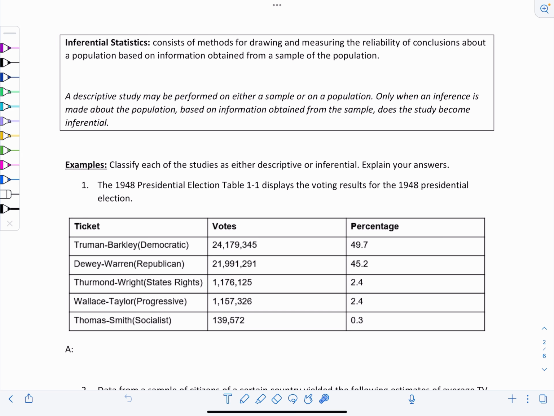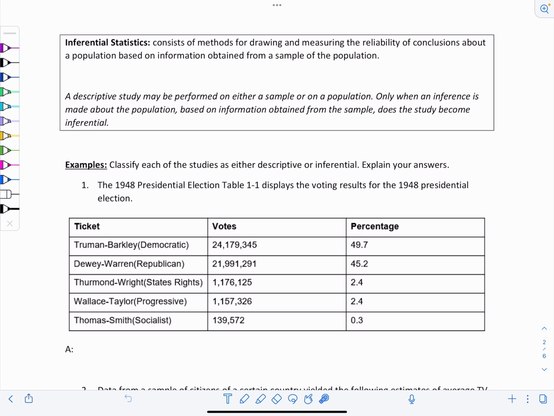Basically, you collect data or info from a sample of the population, and then you make conclusions, or maybe you're not able to because it's not reliable, about the population in general, okay? So you're looking at this smaller set, the sample, and you see whether or not you can make inferences, which is why it's called inferential statistics, about the population as a whole.